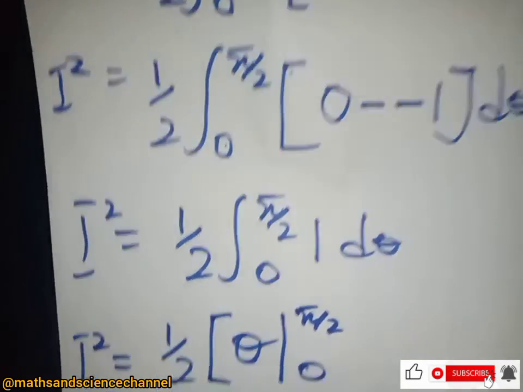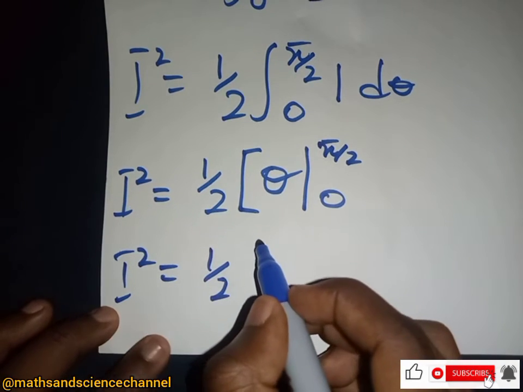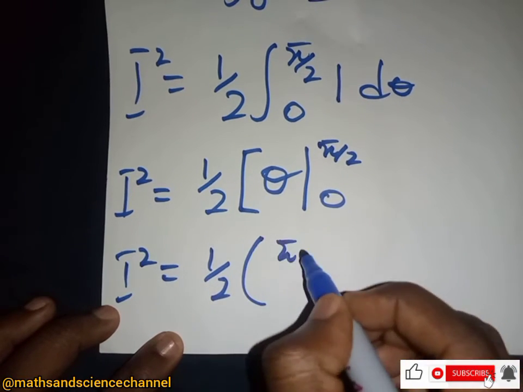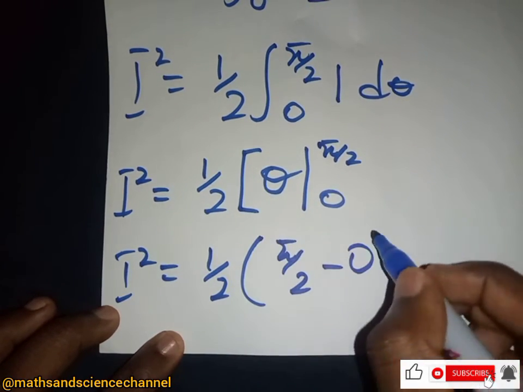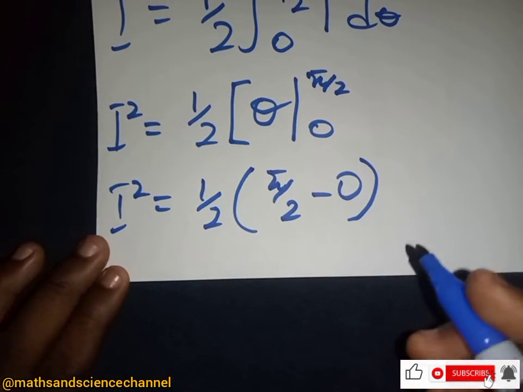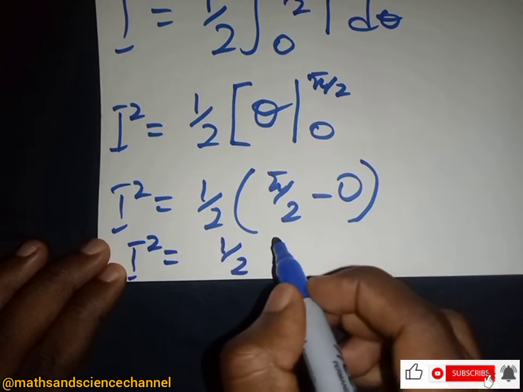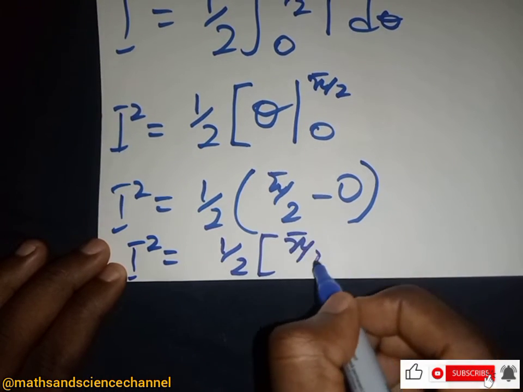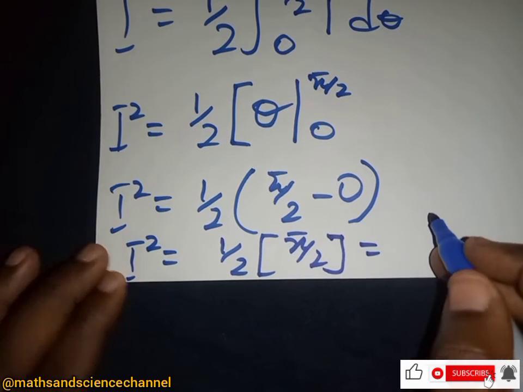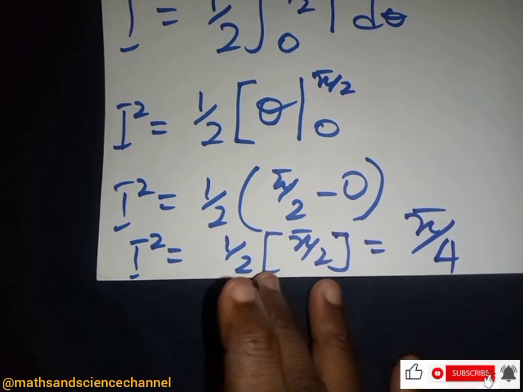Putting that in, we have I squared, 1 over 2 outside, and then pi over 2 minus 0, which is just pi over 2. So we have 1 over 2 multiplied by pi over 2, and then we just have pi over 4. That is for I squared.